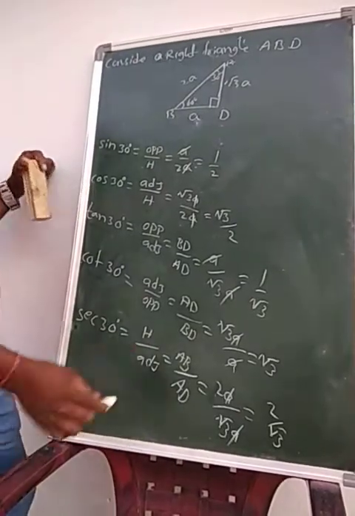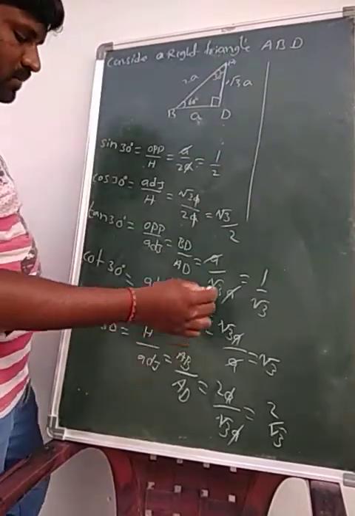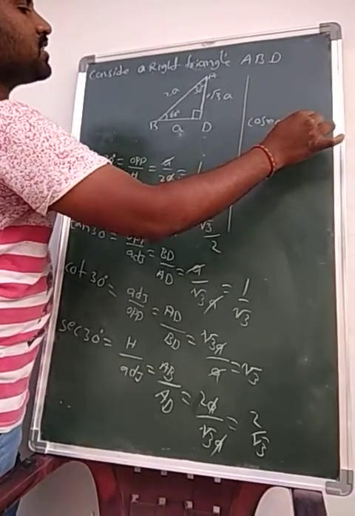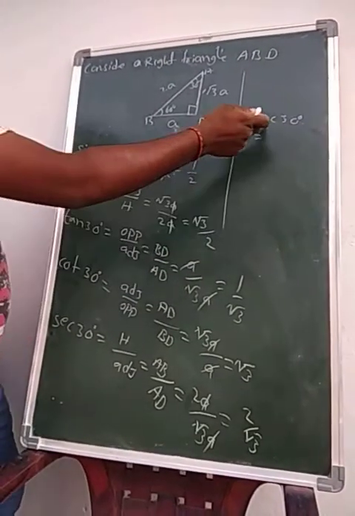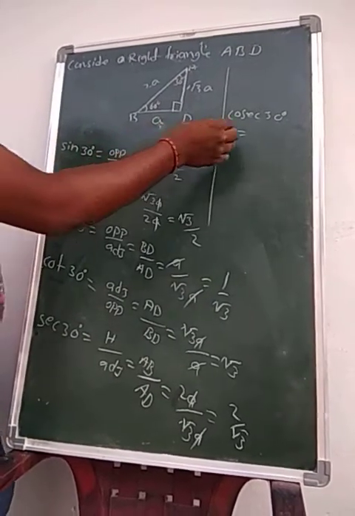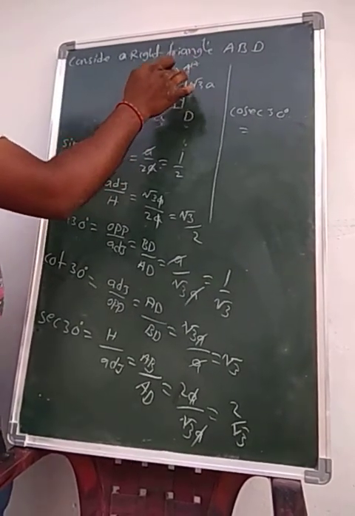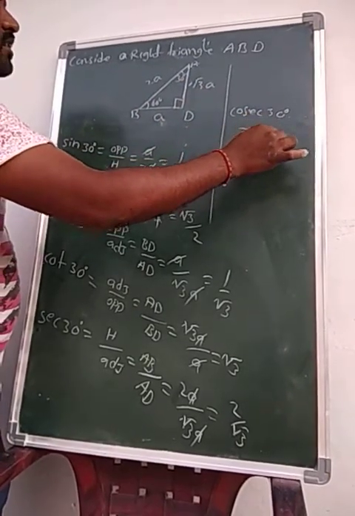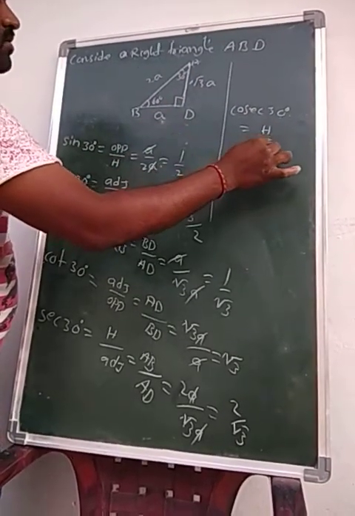Like that only, cosec 30. Cosec 30 degrees is the reciprocal of sin 30. With respect to angle A, that is 30 degrees, cosec means hypotenuse by opposite side.